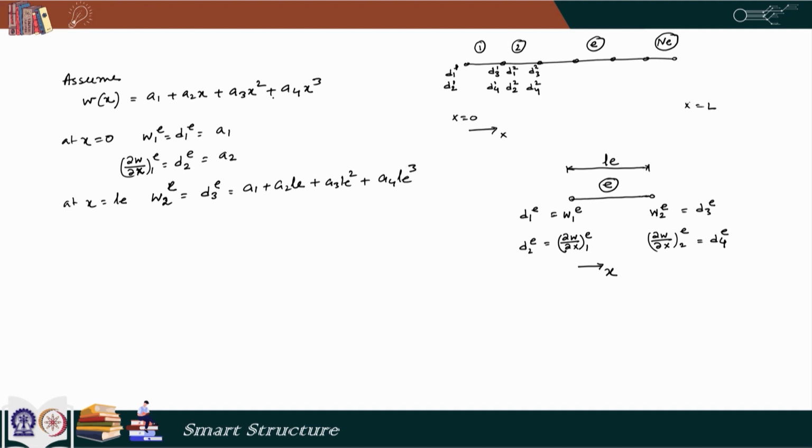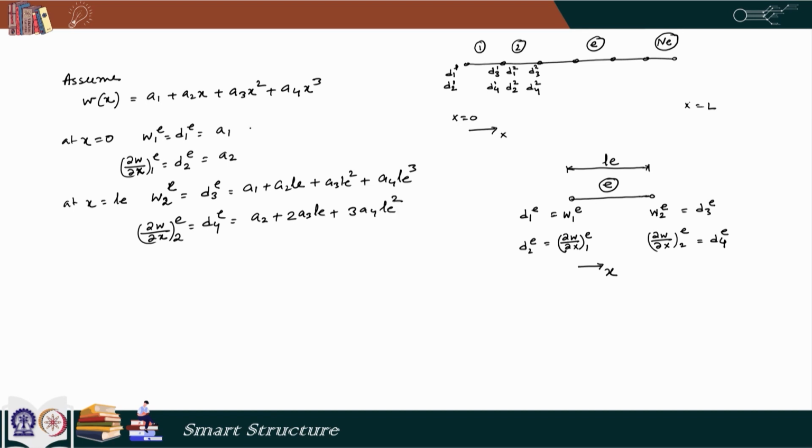Then again I can differentiate this and evaluate at x equal to LE, and that gives us del W by del x at the second node, which is equal to D4E, and that becomes A2 plus 2 A3 LE plus 3 A4 LE square.